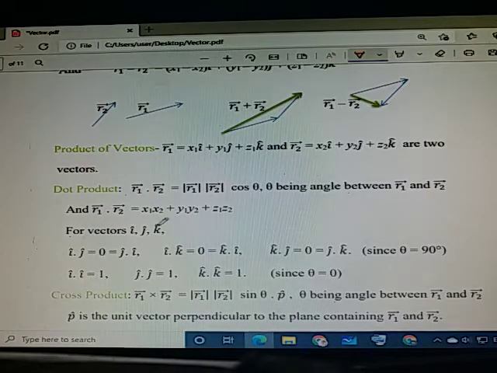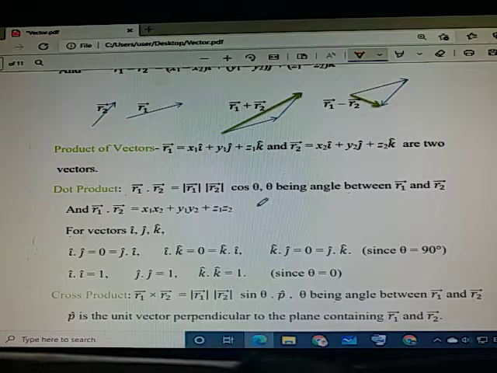Dot product is defined as the magnitude of this vector times the magnitude of the other, and then cos of theta, where theta is the angle between the two vectors. This is given by x1 x2 plus y1 y2 plus z1 z2.